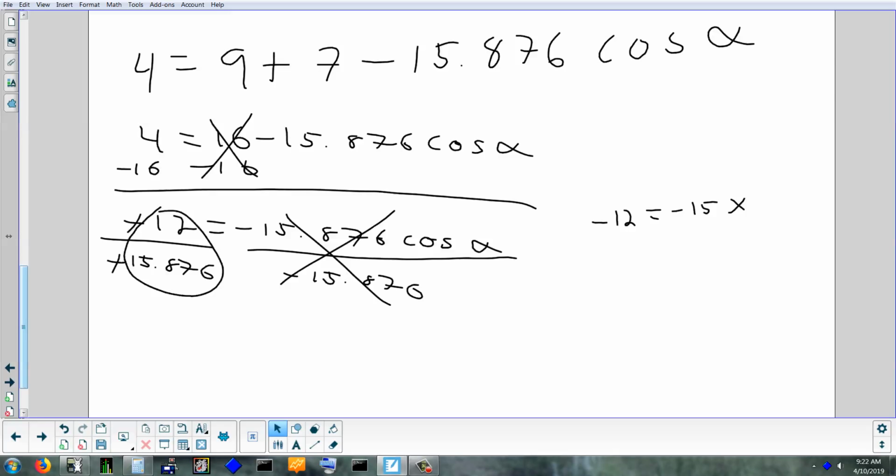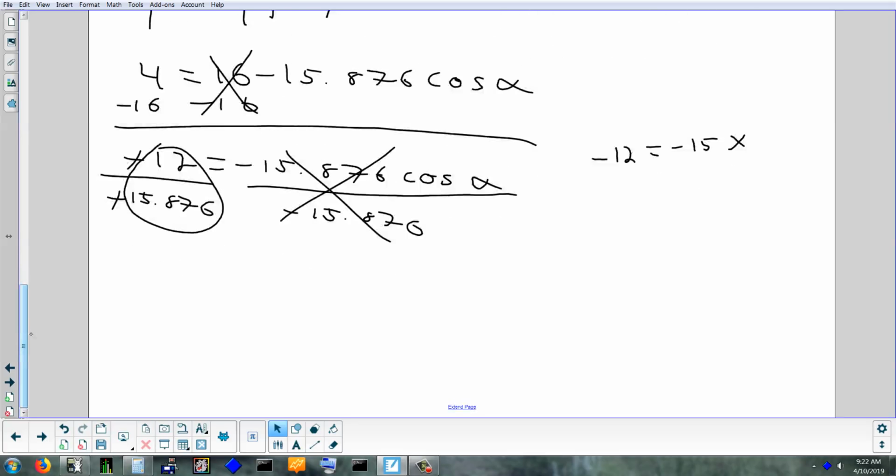If the top is bigger than the bottom, you have a problem. The number in the bottom should always be bigger. If it's not, don't even continue because it's not going to work. So the number in the bottom is 15, the number in the top is 12. The number in the bottom is bigger, so that's good.